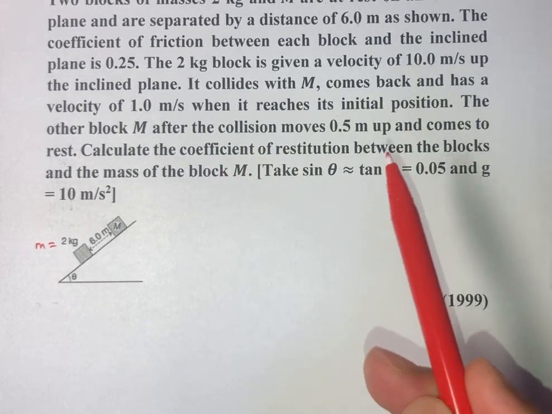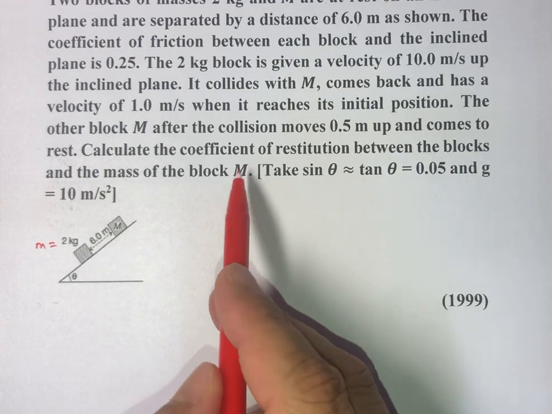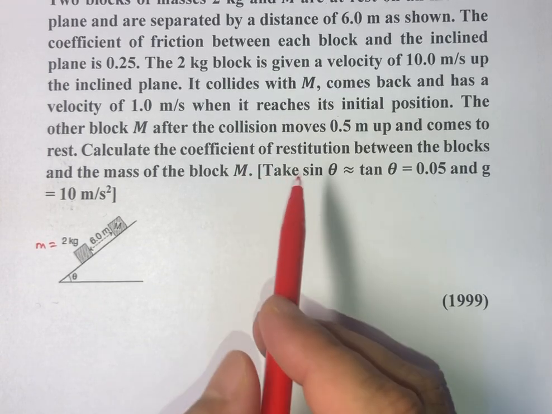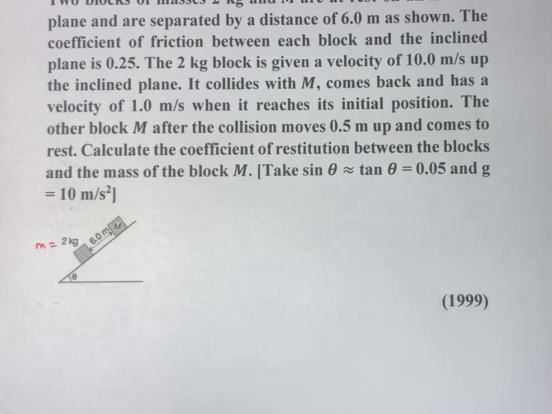By the definition or the formula for coefficient of restitution, it is the relative speed of the blocks after collision divided by the relative speed before collision.